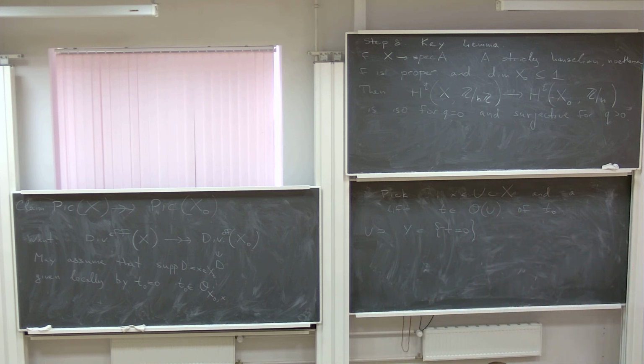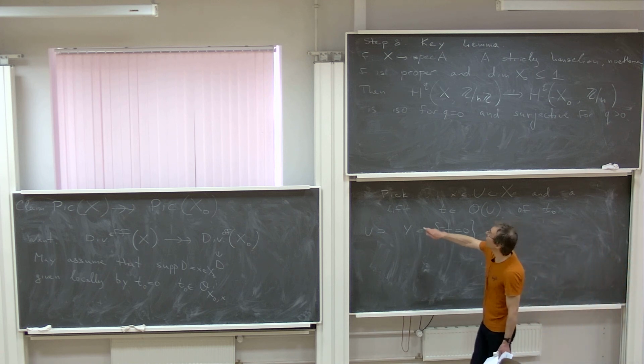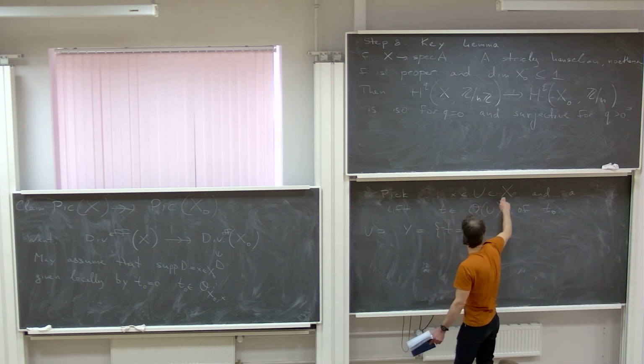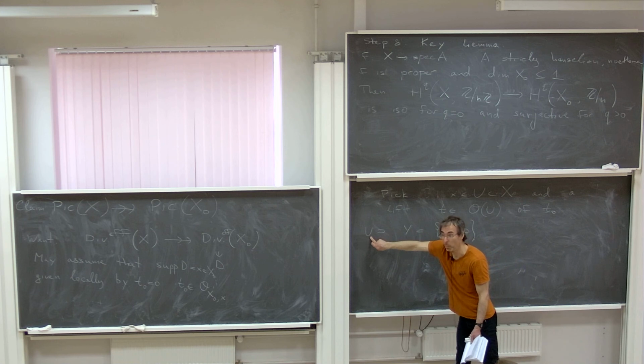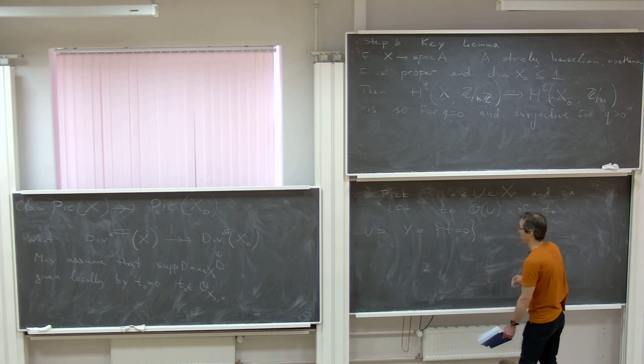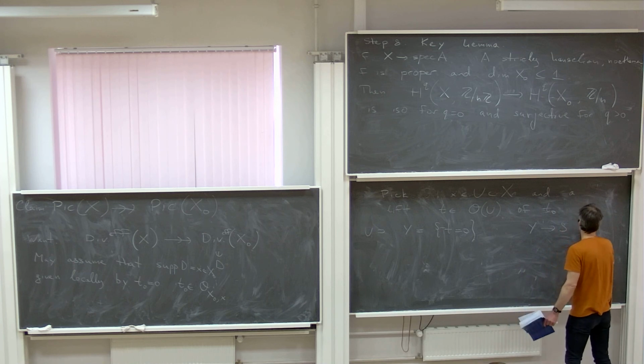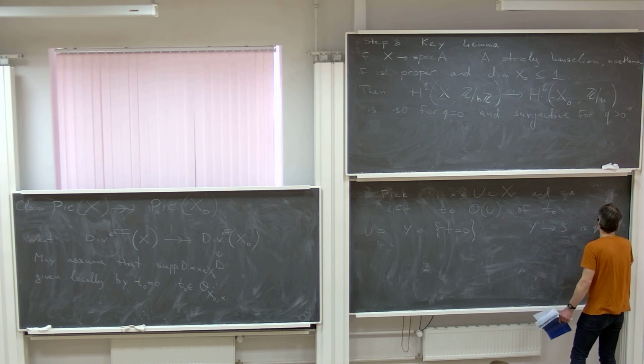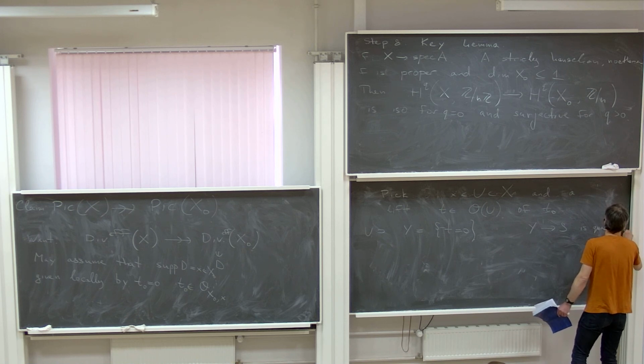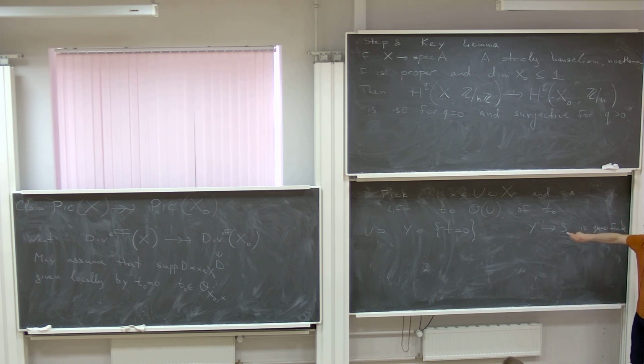So the problem is that Y need not be closed in X, right? It's closed only in U. But Y over S is quasi-finite, over a strictly Henselian ring.